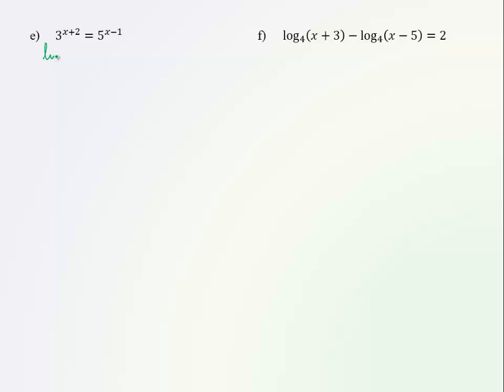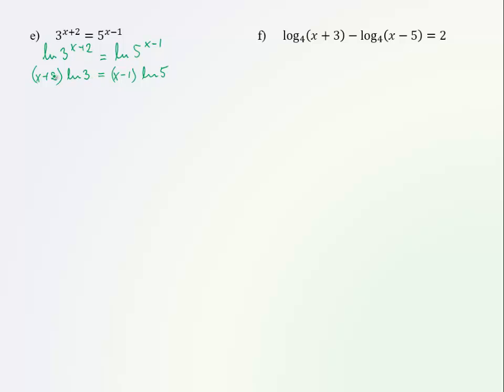So we have ln of 3 to the x plus 2 equals ln of 5 to the x minus 1. And then the property of ln allows us to drop the exponent down in a bracket times ln 3, which is a certain constant. Similarly, on the right-hand side, drop the x minus 1 times ln 5.